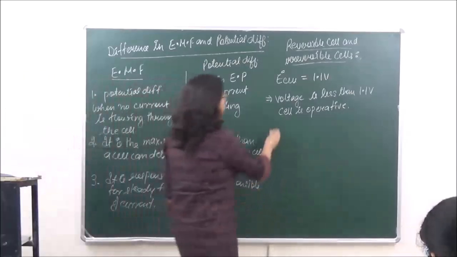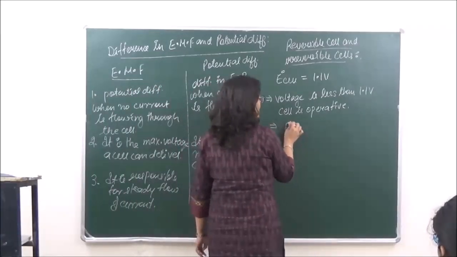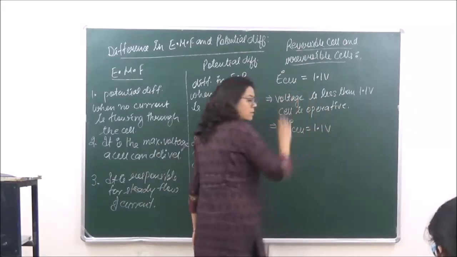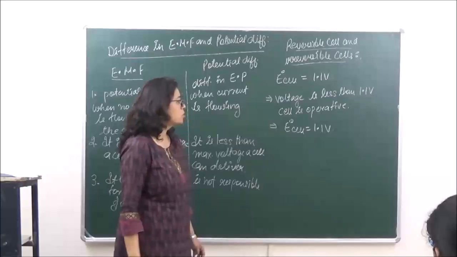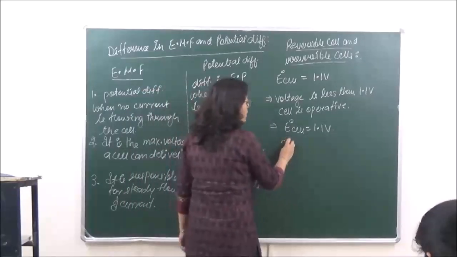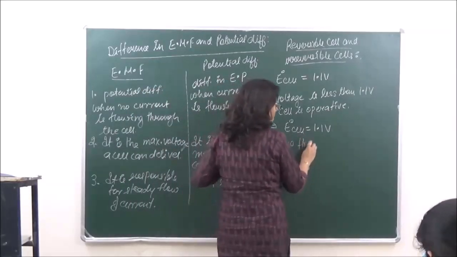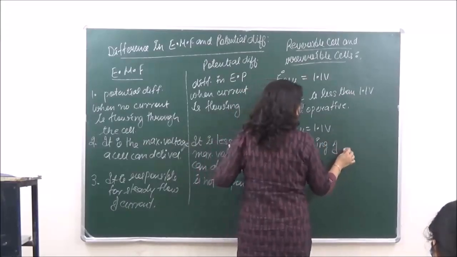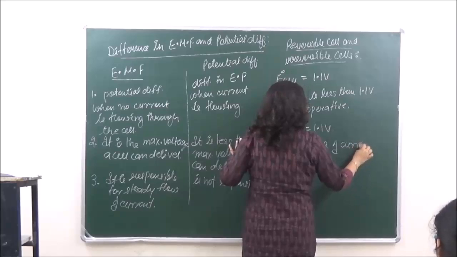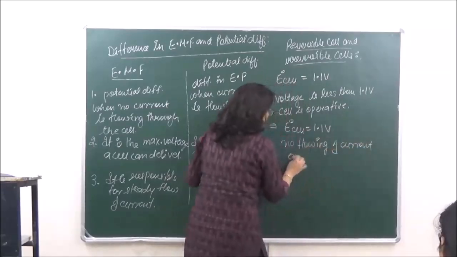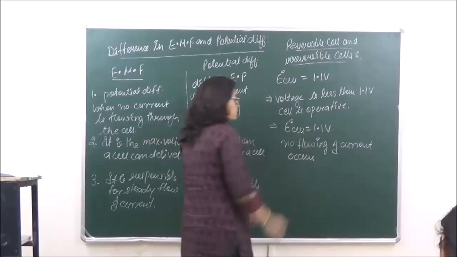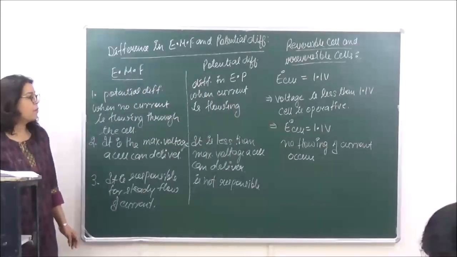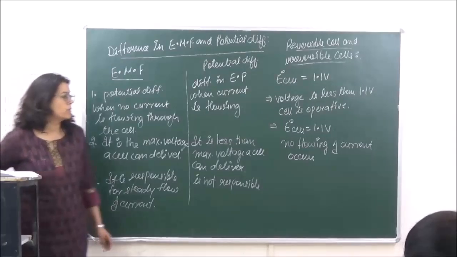Now once the voltage reaches 1.1, no current flows through the cell. No flowing of current occurs. Okay? So E naught cell, when it is equal to 1.1, then no current is flowing through the cell.